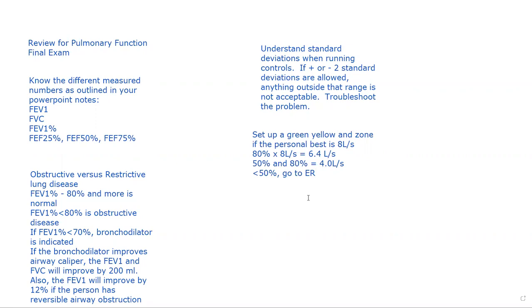Okay, next it says predict the flow volume loop for different airway obstructions, such as prolapsed vocal cord, tracheomalacia, and a tumor in the bronchi.